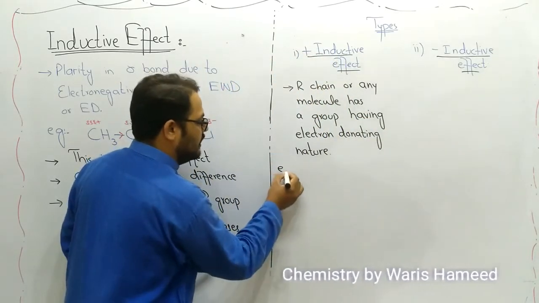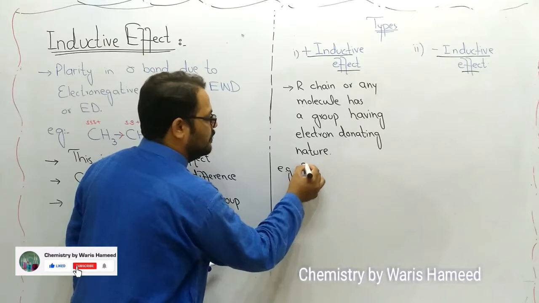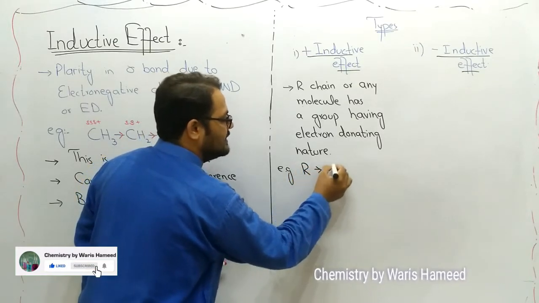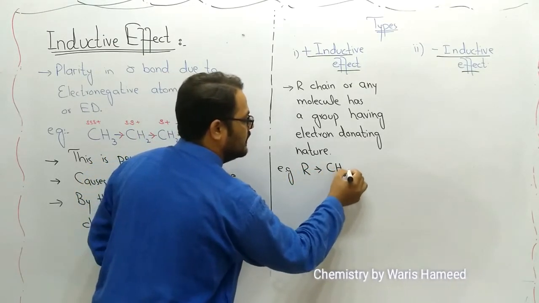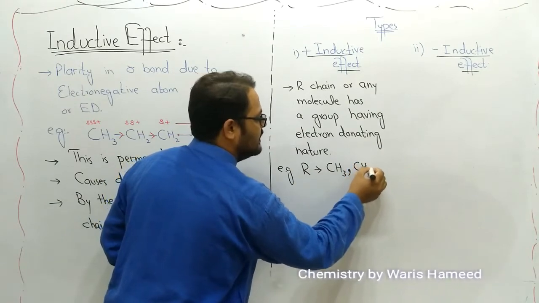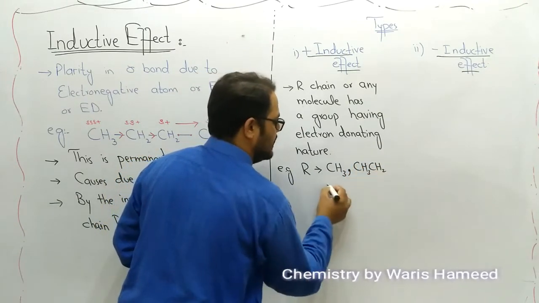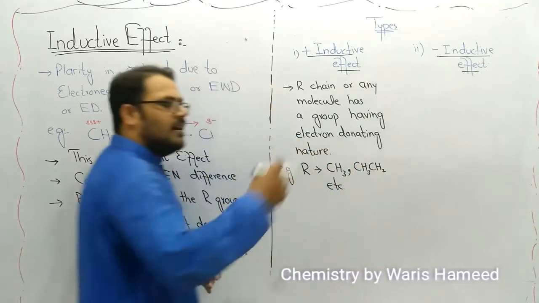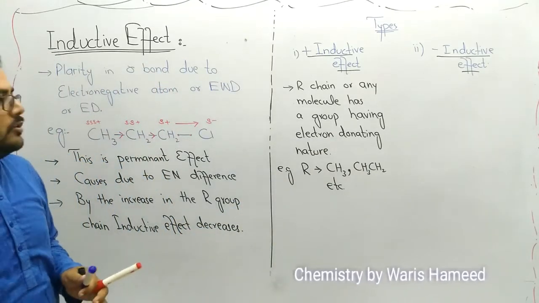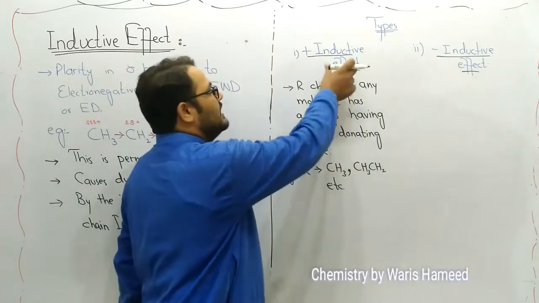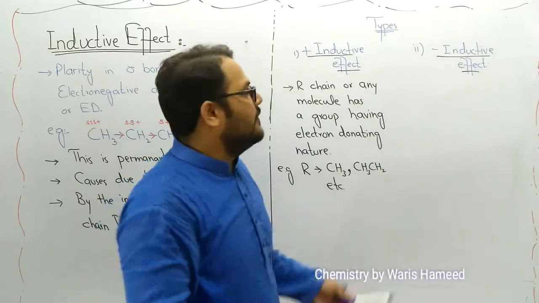For example, alkyl groups like CH3, CH2, etc. These all are electron donating groups due to which there is a formation of positive inductive effect.